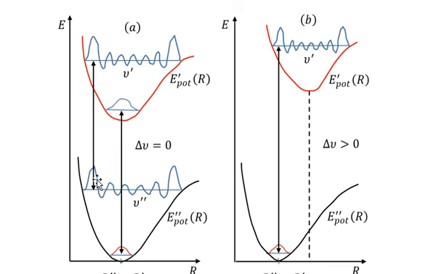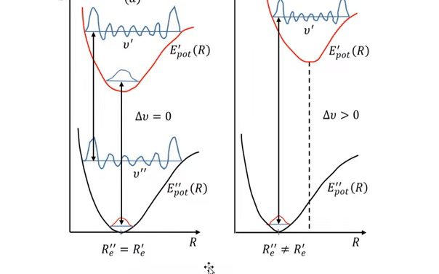So you can see that for example, for the lower state, where Re double prime is equal to Re single prime, look at this transition. This transition will have the maximum probability when Re double prime is equal to Re single prime.